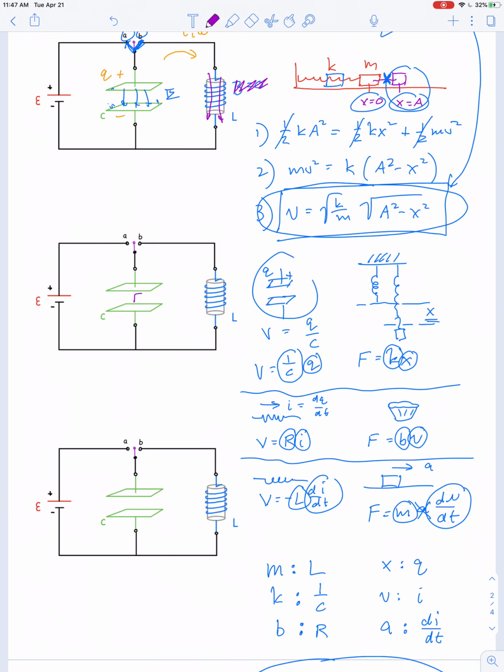Eventually, the electric field in the capacitor equals zero when the charge on its plates is equal to zero. At that moment in time, the current has reached its maximum value, and the magnetic field in the inductor has reached its maximum value. And so the energy in the capacitor is zero, and the energy in the inductor has now reached its maximum value.